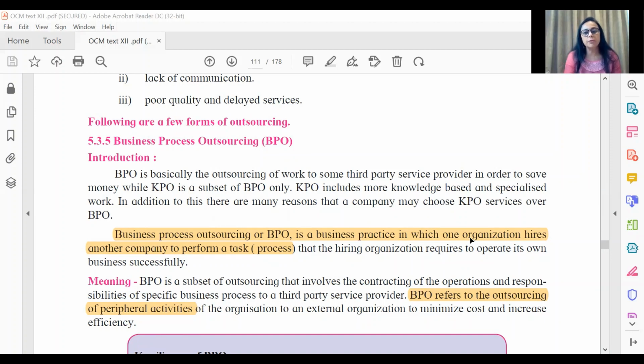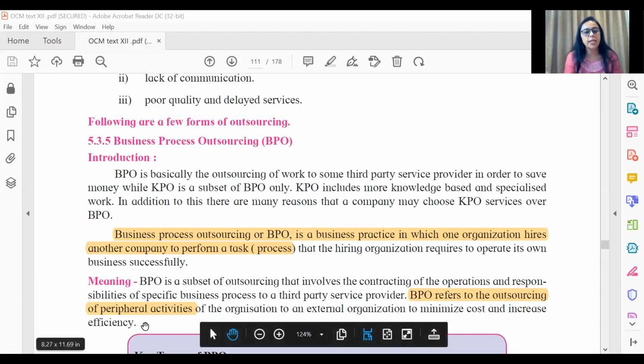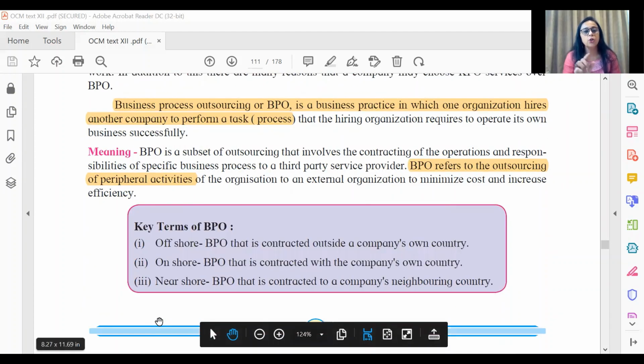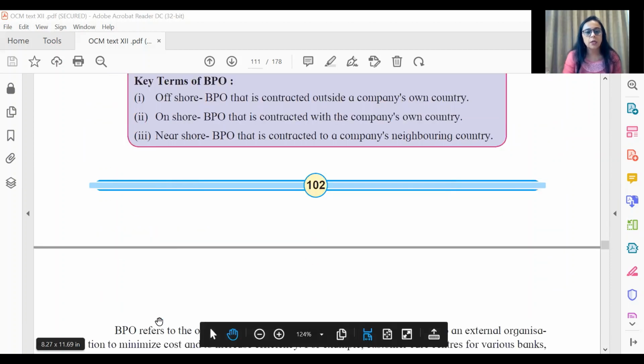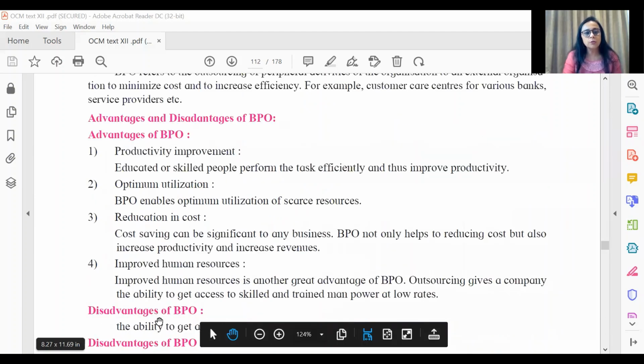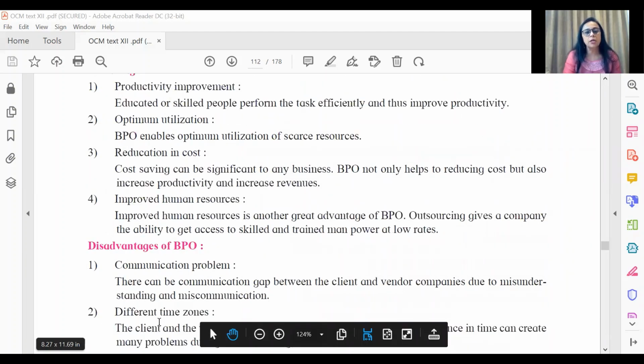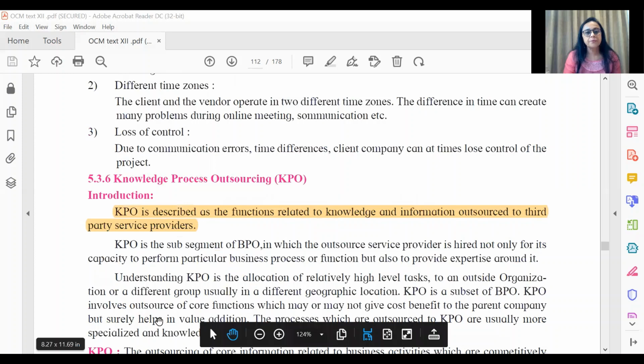This is done for peripheral activities, so we're talking about non-important, something which is not the main work in the company, the other peripheral activities which go into running an organization. So that's about BPO. That should be enough, not many other objectives we expect.